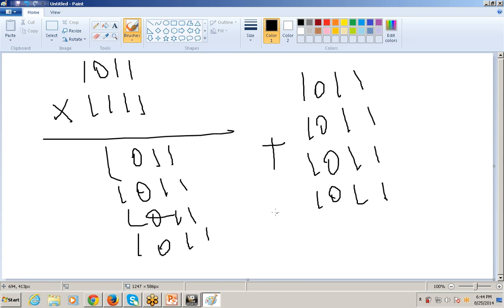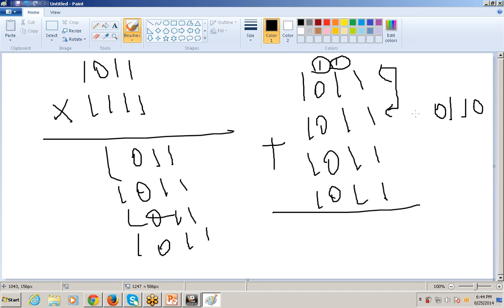Now I have to add these. First of all, take these 2 rows. Whenever we add these, 1 plus 1 is 0, carry is 1. 1 plus 1 is 0, 0 plus 1 is 1, but the remaining carry is 1. Here only 1, again 0 and 1. So this is 0 and 1 is discarded.